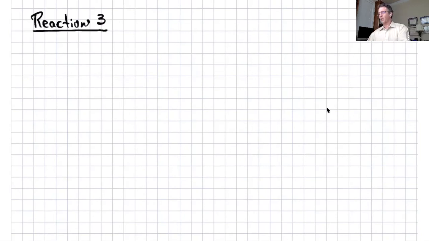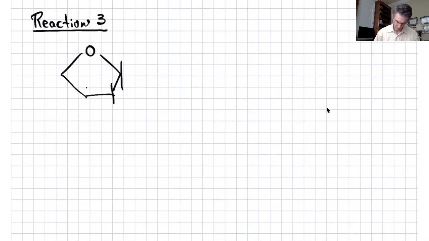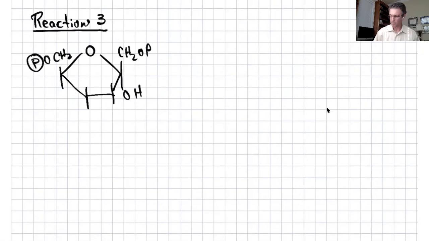Here we're going to take that fructose 6-phosphate that we just made. We're going to burn a little more ATP.